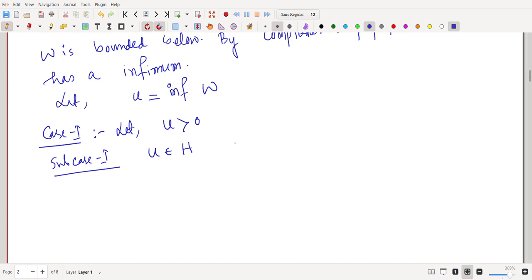If U belongs to H and U is greater than 0, then KU belongs to H for K a natural number, because H is a subgroup. U belongs to H implies U plus U, 2U belongs to H, 3U belongs to H. That means KU for all natural numbers K is inside H, right?